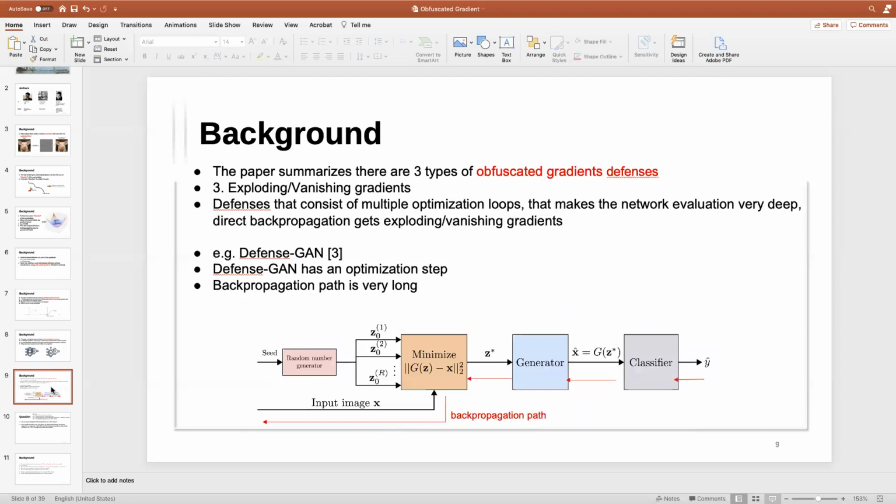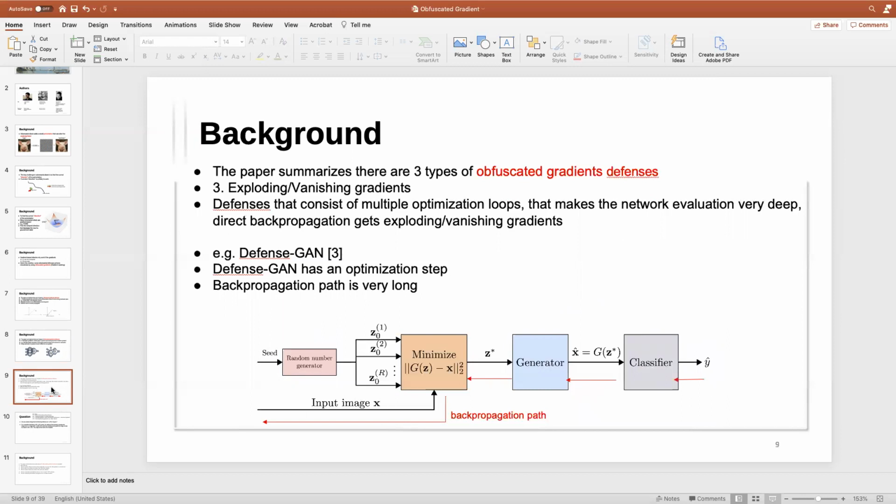The last type is exploding and vanishing gradients. This happens when the defense consists of multiple optimization loops or multiple networks that make the whole network evaluation very deep. So any direct backpropagation gets exploding or vanishing gradients.